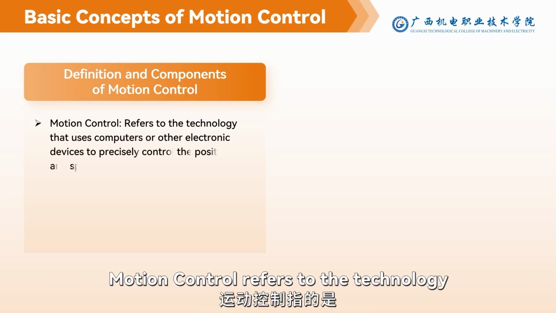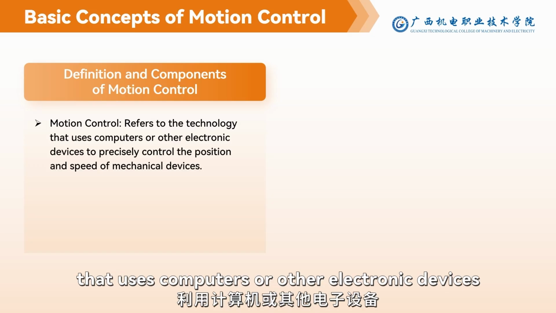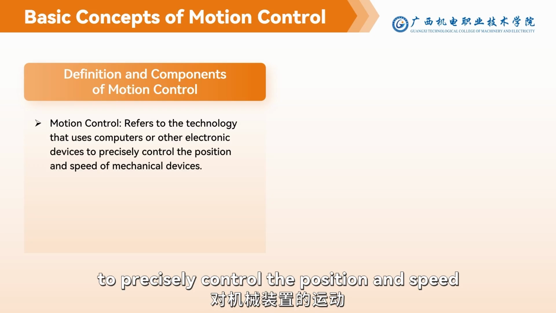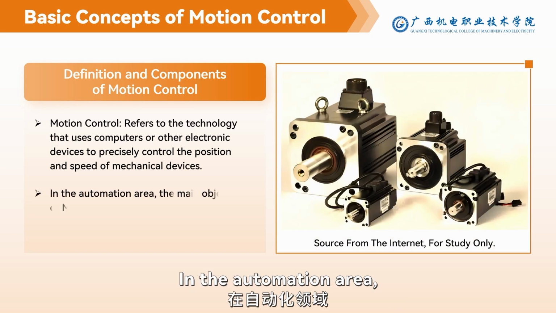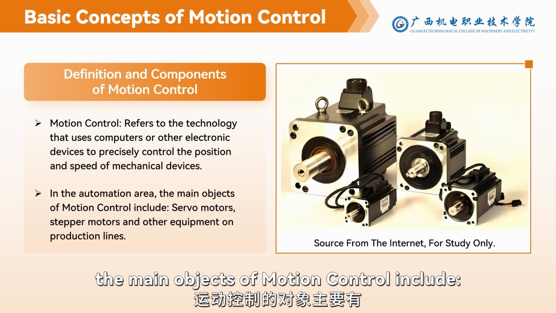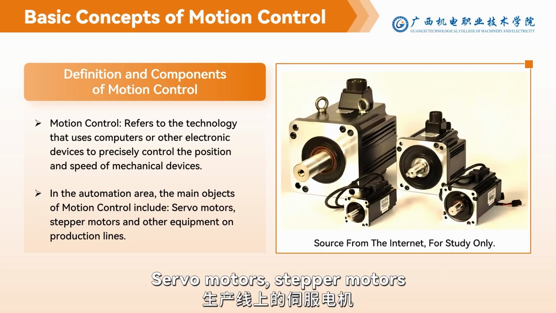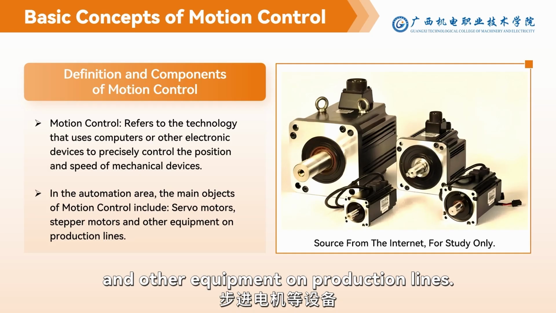Motion control refers to the technology that uses computers or other electronic devices to precisely control the position and the speed of mechanical devices. In the automation area, the main objects of motion control include servo motors, stepper motors, and other equipment on production lines.